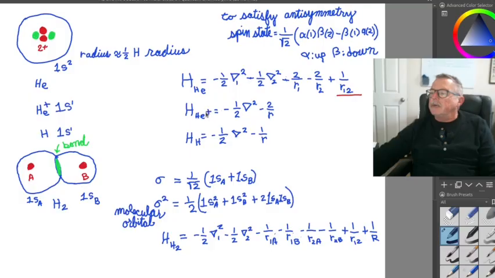So for helium, which is ionized, that only has one electron, notice it's got this 2 up here rather than the 1 down there. The 2 is because it's twice as attracted because you've got a +2 charge at the center of that rather than just a 1 charge.